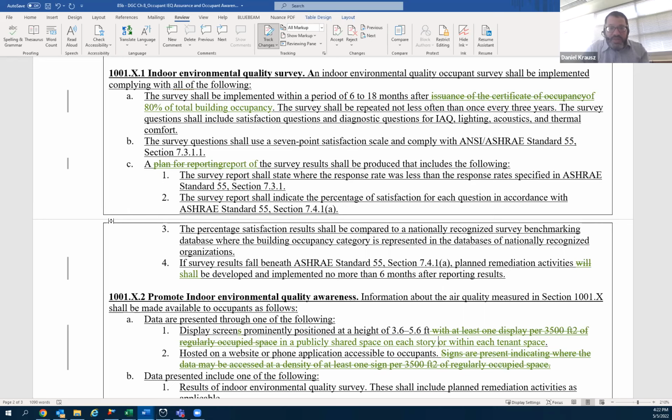So in my mind it's not part of this code, but it's an excellent question for the other code section, which is not about presenting but about collecting the data. And I think that one's going by building, not by space type, which might start to get us away from the intent on this.